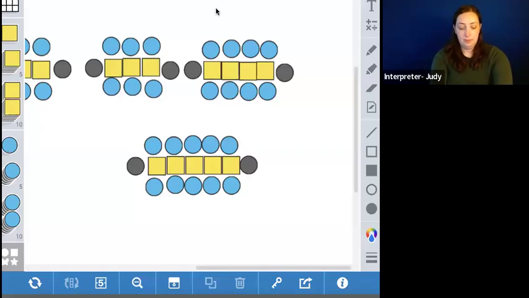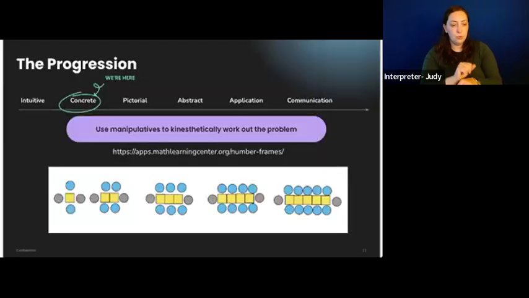All right, Zoom is not my normal platform. I'll jump back over here to show you. So in our resource, working through the progression, you will see the picture of the manipulatives and links to represent how students are concretely working through this function. 2 chairs I start with, I don't have any tables.